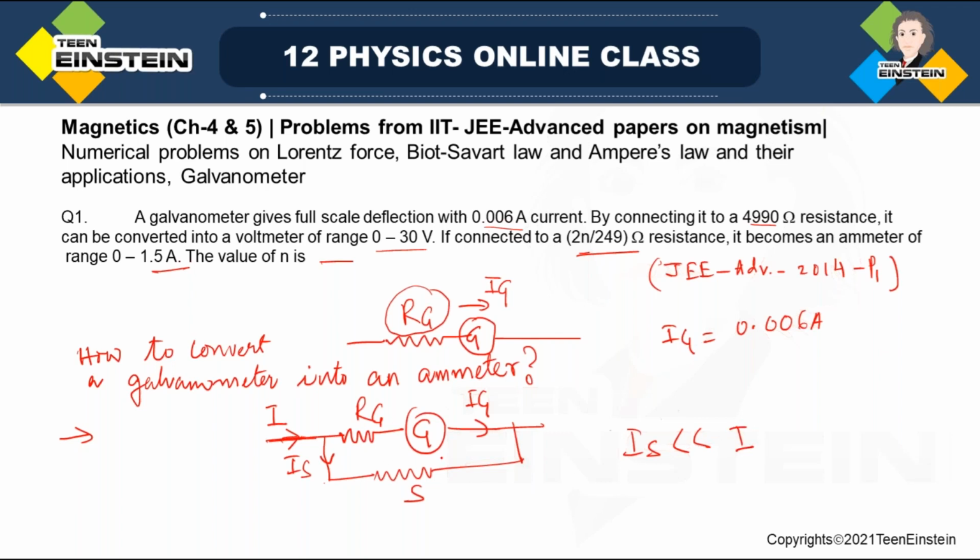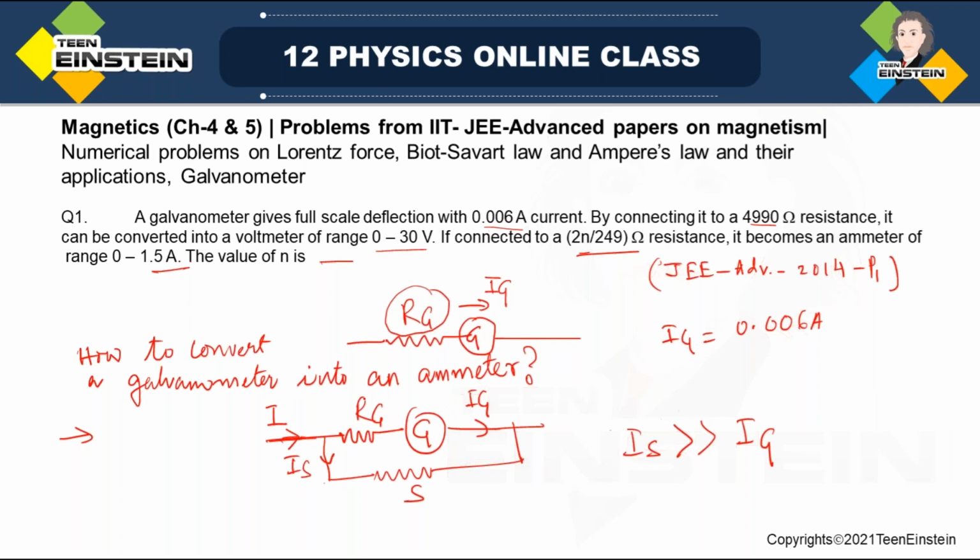Since an ammeter is always connected in series, the galvanometer has to be shunted with a very small resistance such that, I'm sorry, this is wrong. This I is actually much greater than Ig. That means maximum current will be passing through this low resistance such that the current in the circuit will not be reduced.